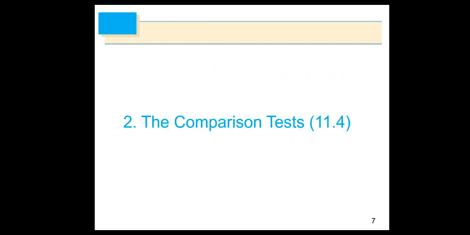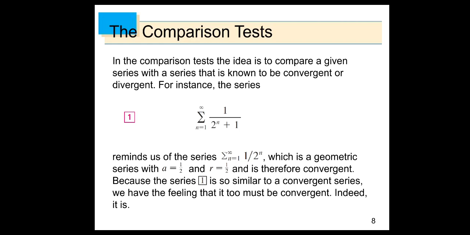Okay, now the comparison test. This kind of test is significantly used to determine whether or not a series converges or diverges. To use the comparison test, first we have to call our original series a sub n, and with the help of this series we will find our b sub n.